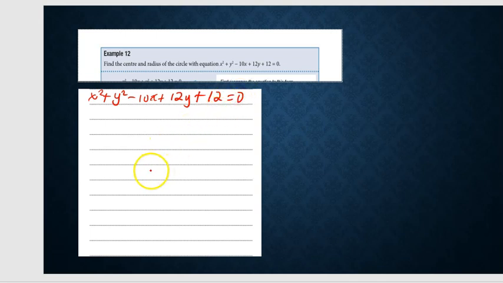So we are supposed to find the center and the radius. First, we need to rearrange the equation to the form that is required.